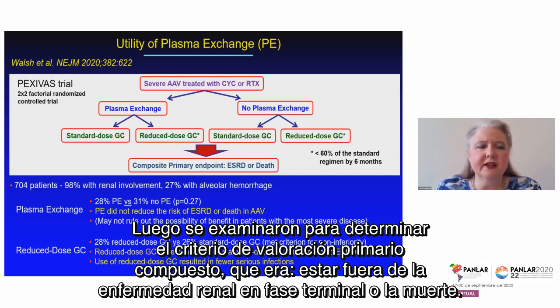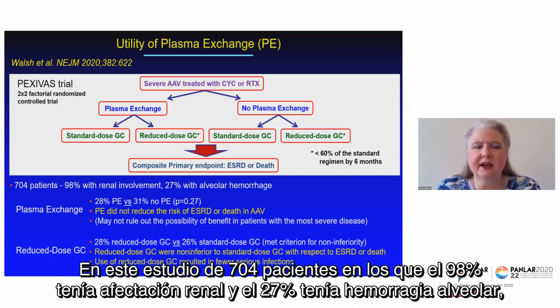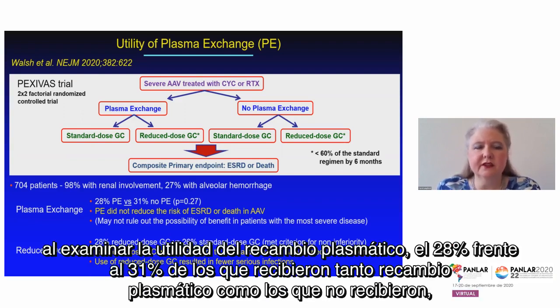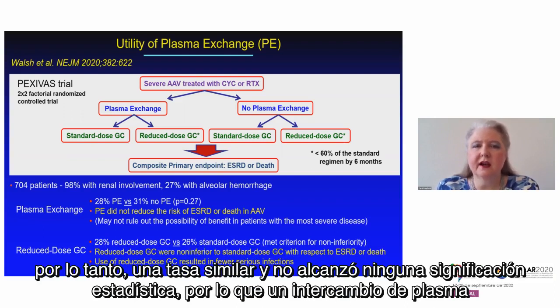In this study of 704 patients, where 98% had renal involvement and 27% had alveolar hemorrhage, in examining the utility of plasma exchange, 28% versus 31% of those who received plasma exchange or no plasma exchange, so thus a similar rate and did not reach any statistical significance was seen.